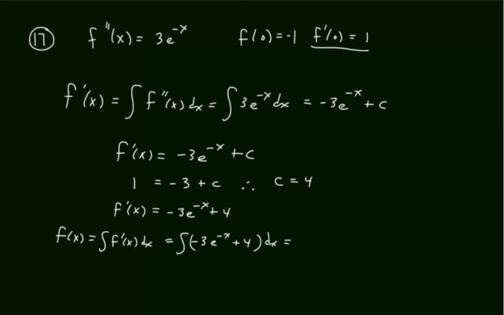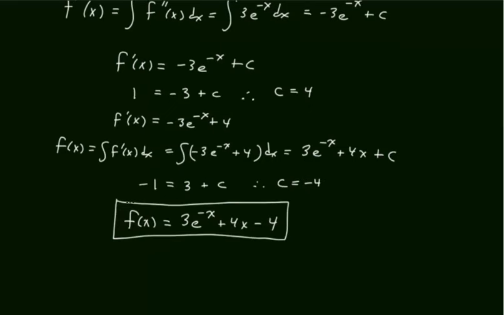Another mini u, if you want to call it that, 3e to the negative x plus 4x plus c, with our condition that f of 0 is negative 1, so negative 1 equals 3, e to the 0 is 1, plus 0 plus c. In this case, c equals negative 4. And our final answer, f of x equals the answer that I have in the box.